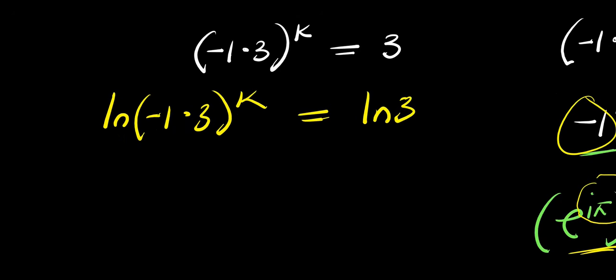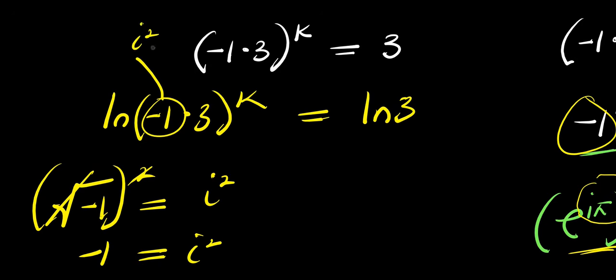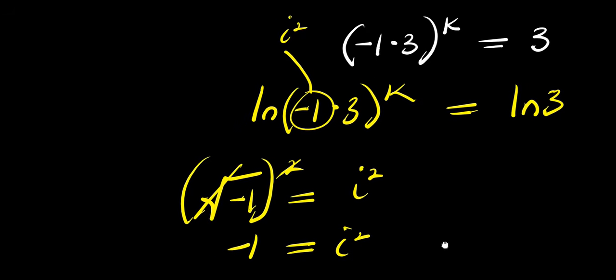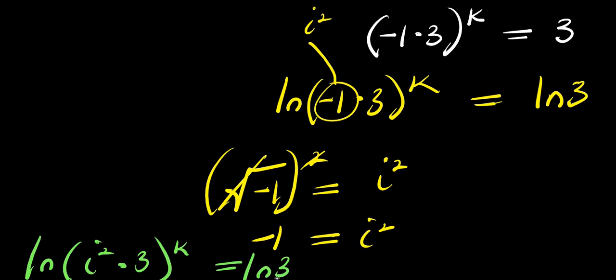So right now, remember there's -1 here. If you have square root of -1, this equals i. So if I raise this to the power of 2 and this to the power of 2, this cancels this, I have -1 equals i^2. So I'm going to replace this with i^2. So that means I will simply have natural log of (i^2 times 3)^k equals natural log of 3.